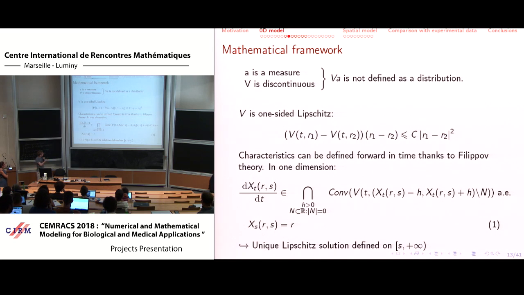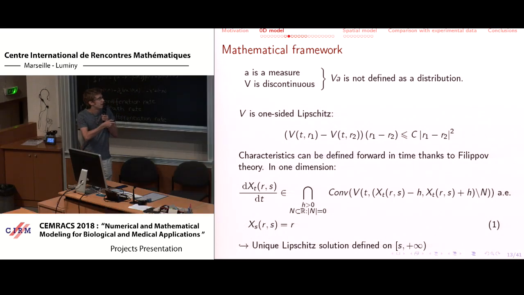This line is a rigorous expression of the fact that dx over dt is equal to v. So this expression seems a bit complicated, but in our case it leads to a very natural definition of characteristics, and we'll see it on an example.